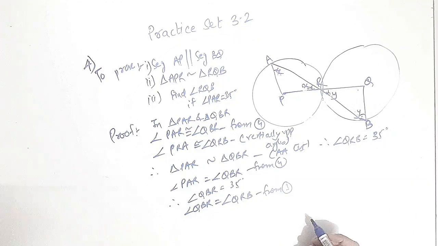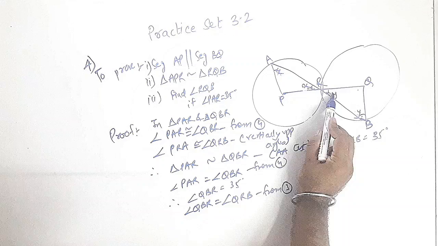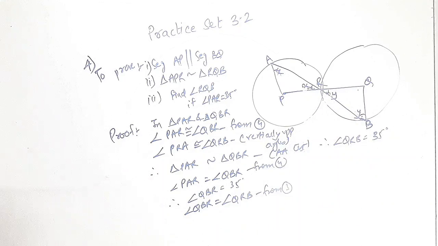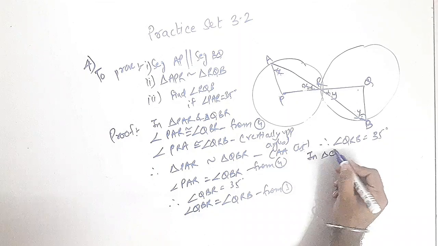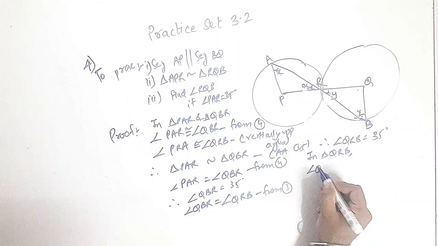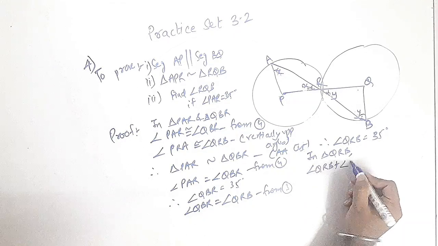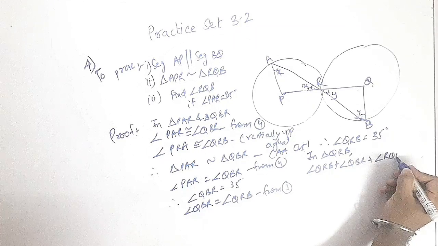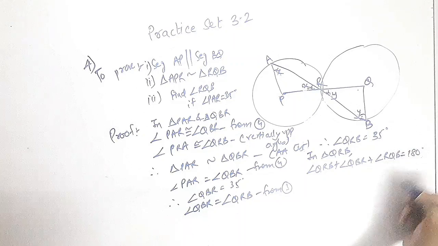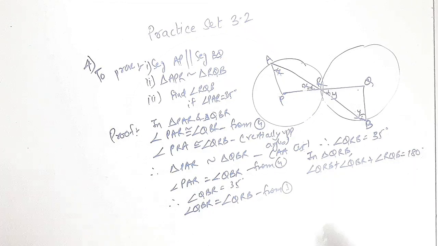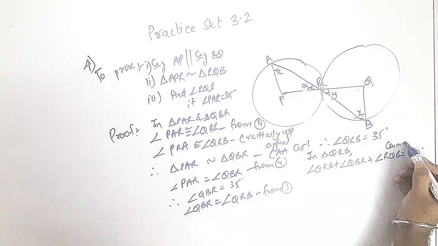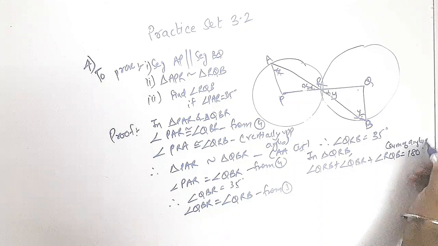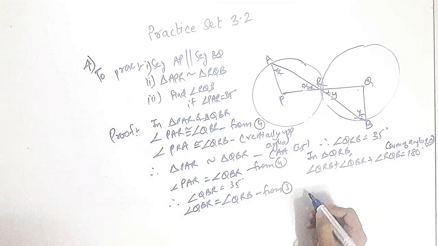So the task is very easy now. We have got two angles of the 3 angles in a triangle. If we know two angles in any triangle, we can find the third angle. In triangle QRB, angle QRB plus angle QBR plus angle RQB is equal to 180 degrees. Correct? What is the reason? You will write sum of angles of a triangle.